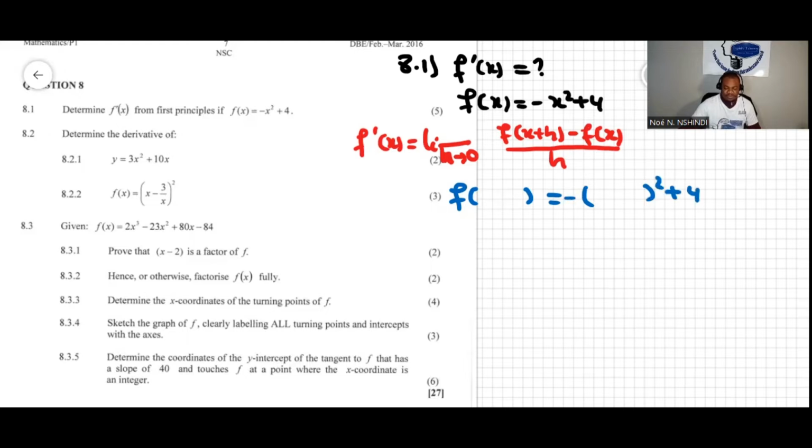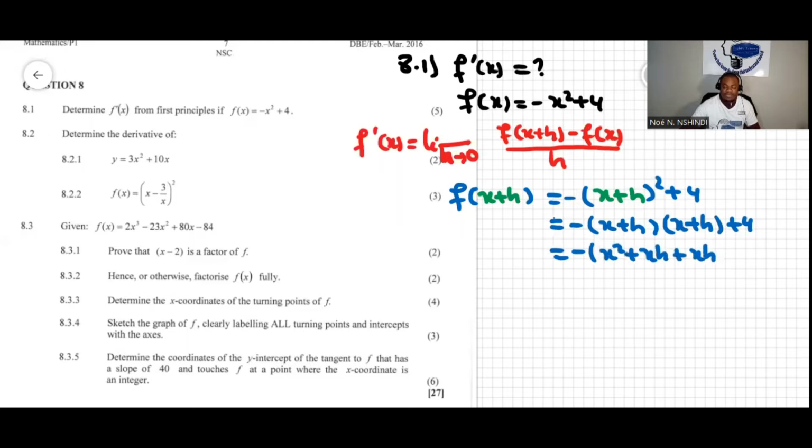Now f of x plus h will be negative x plus h to the power of 2 plus 4. Now let's simplify this. This will be negative, x plus h times x plus h, plus 4. Now that makes negative x squared plus xh plus xh, and then plus h squared, plus 4.